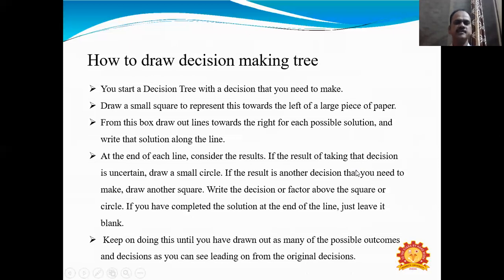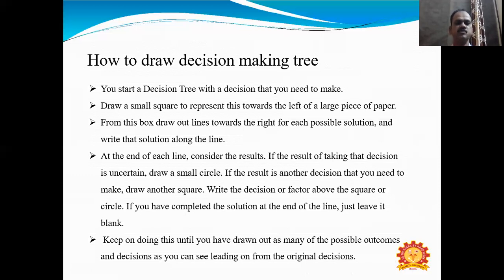How to draw a decision-making tree? Here are various procedures to make our decision tree. You start a decision tree with a decision that you need to make.